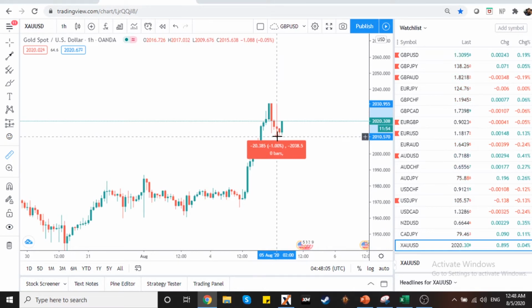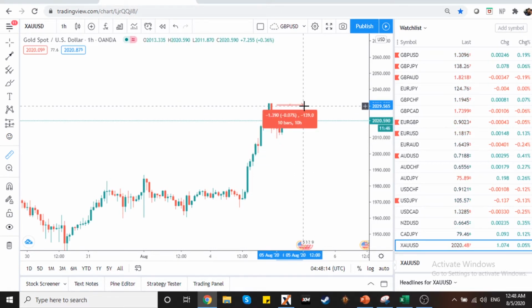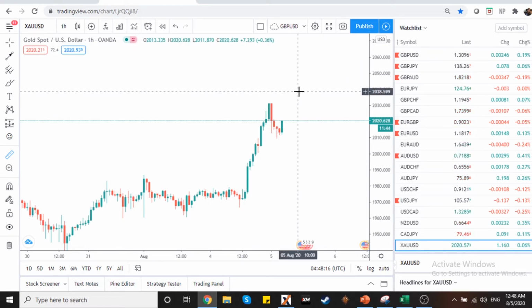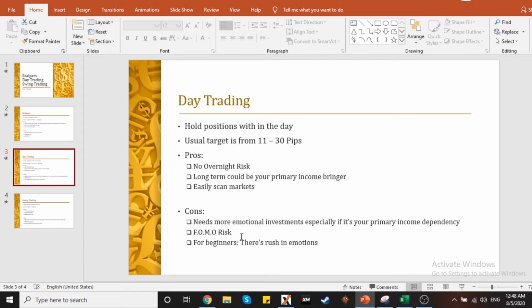Bumagsak yung price at nalaglagan ka pa ng 22 pips. Paano na? 'Di ba? So ngayon, abang-abang ka ngayon para bumalik at bilisan mo na mga buyers. Magdadasal ka ngayon ganyan, right? Just because you have what we call FOMO, fear of missing out.